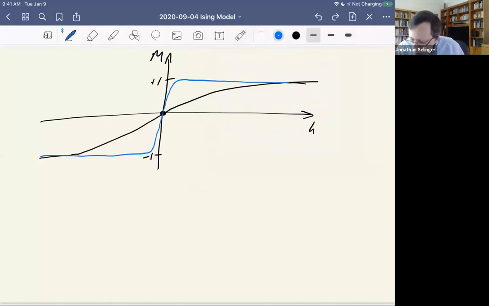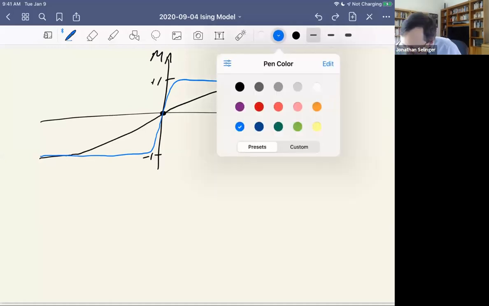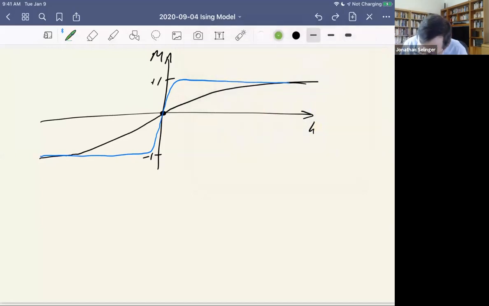Or it might be an intermediate case between those things. And what controls the sharpness is the temperature.